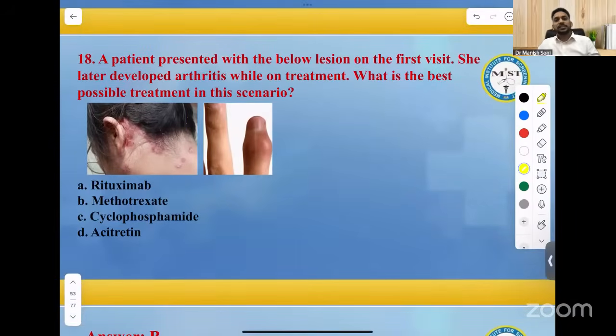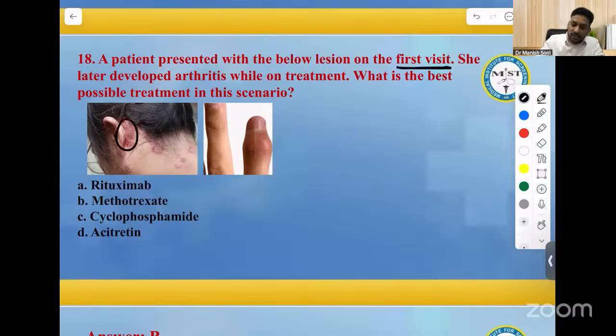Now patient presents with lesions shown below. She later developed arthritis. So in the beginning, on the first visit, patient had such lesions. Later on, developed arthritis. What is the best treatment in this scenario? So what is happening?